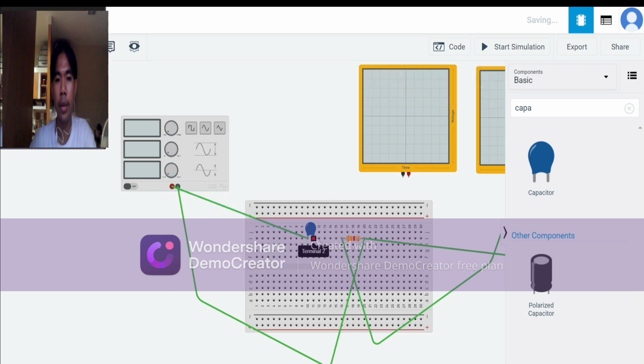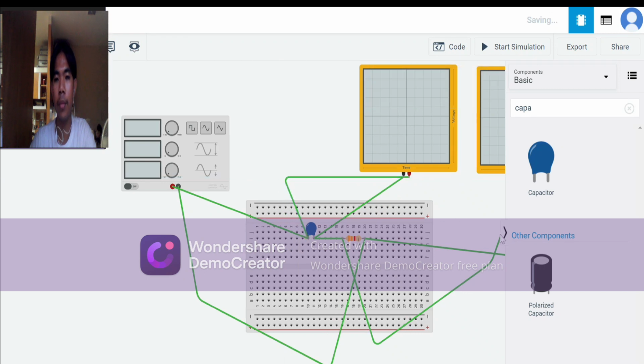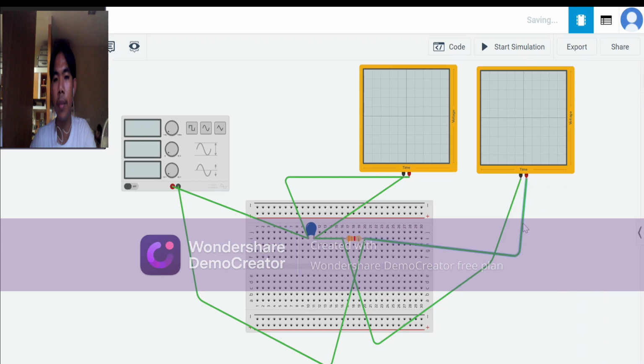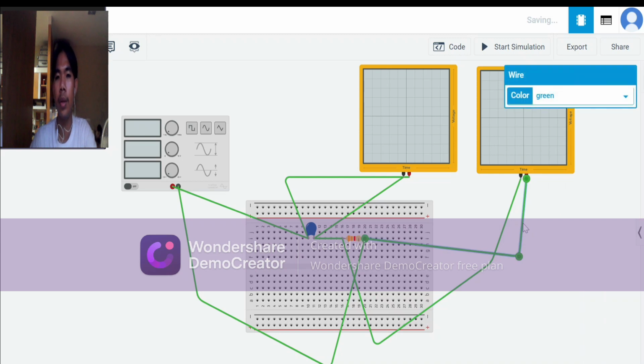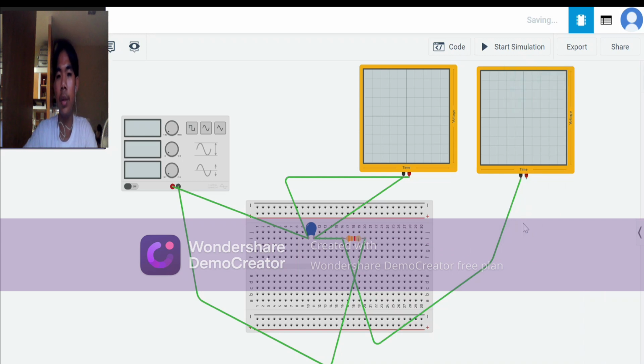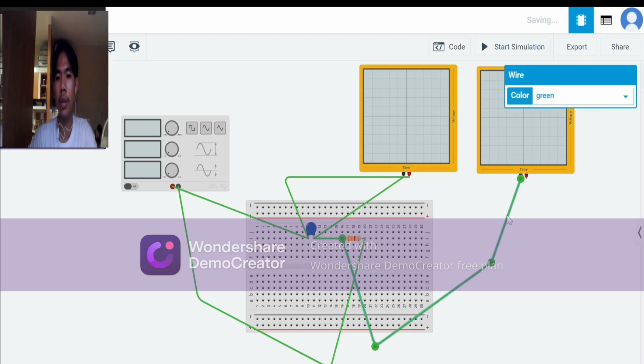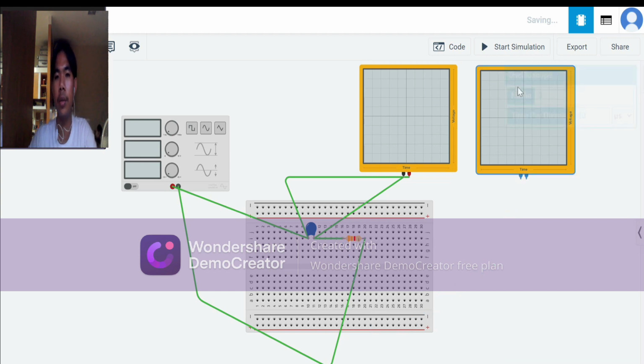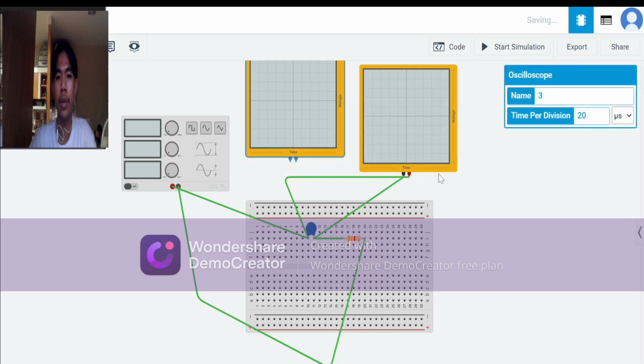And this is in series. This one is going to measure the signal of the source.